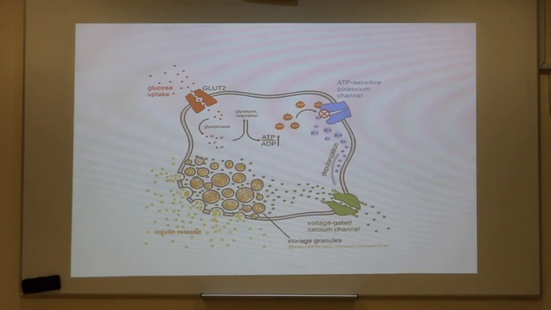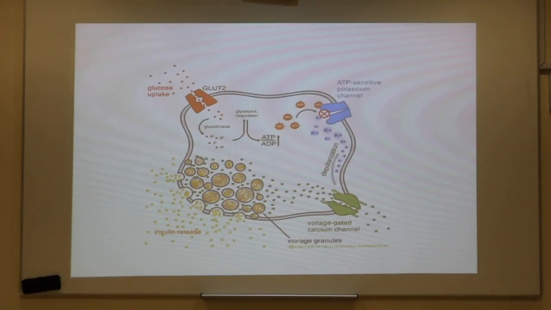As ATP is formed, it is going to bind with the ATP-sensitive potassium channel and close it, resulting in depolarization of the beta cells, which induces calcium influx into the beta cells. As the calcium binds to the insulin-containing vesicles, these vesicles are going to granulate and secrete insulin into the bloodstream. So this is the mechanism of how insulin is secreted in response to glucose.